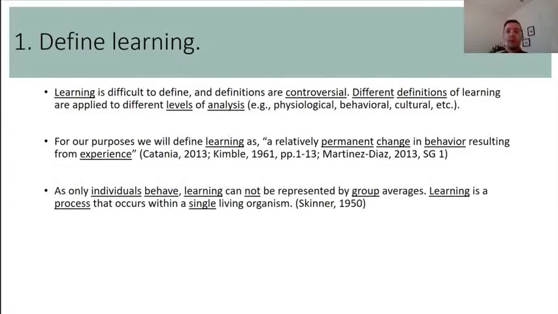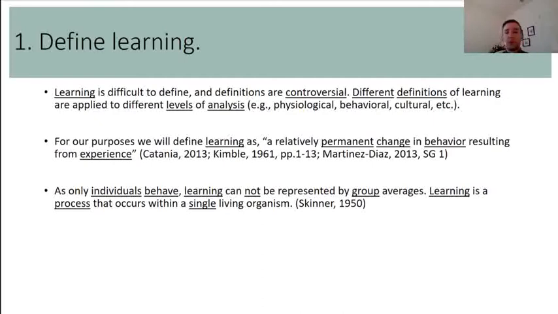Now, as only individuals behave, learning cannot be represented by group averages. So learning is a process that occurs within a single living organism. That's our focus: learning as a process.